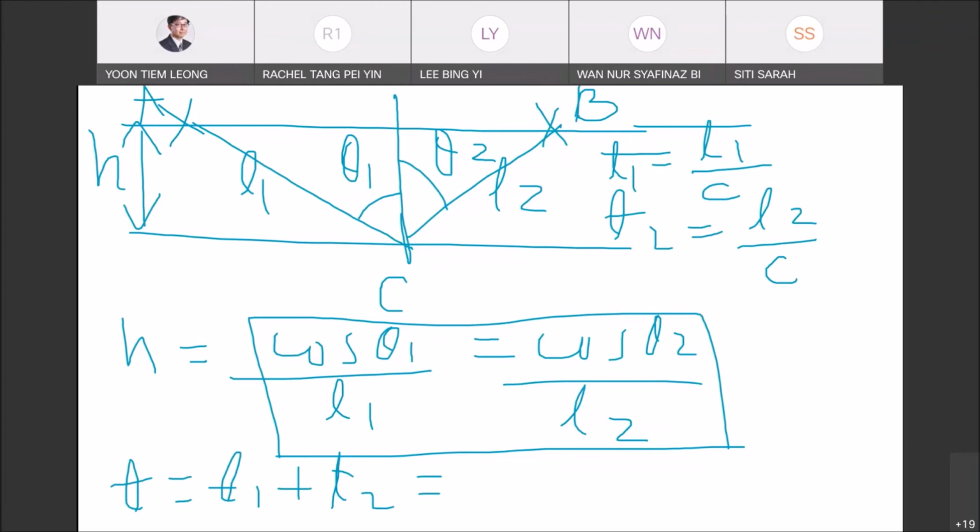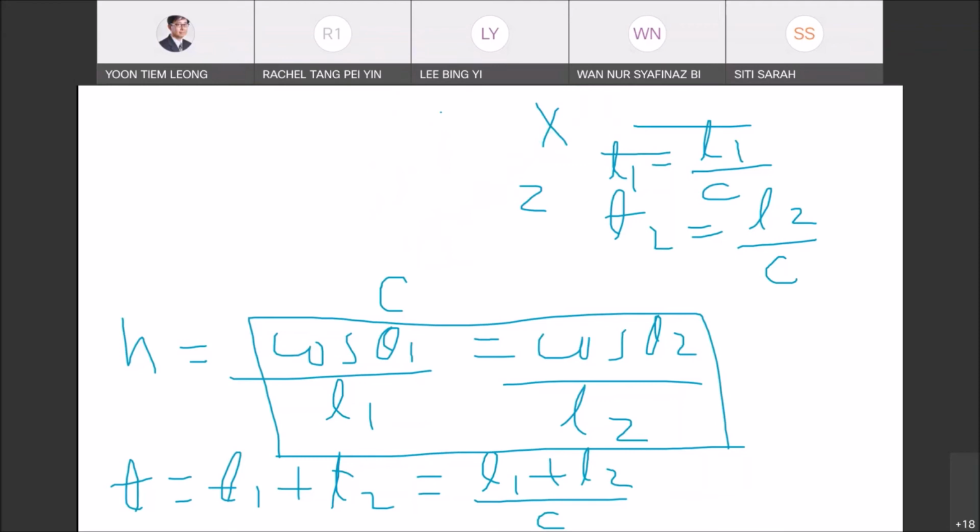T1 plus T2 would then be L1 plus L2 divided by C. Then I'm going to translate my L1 and L2 into the forms of cos theta. So here, I need some space. Let me clean off the space here.